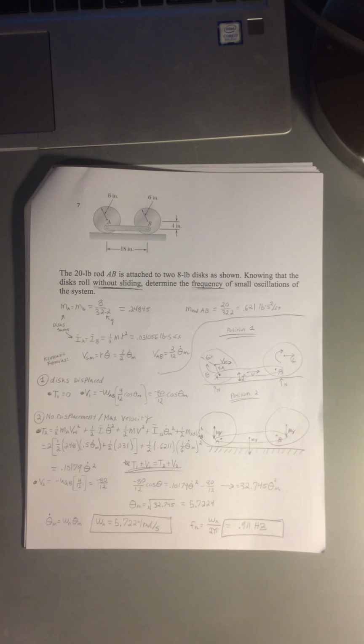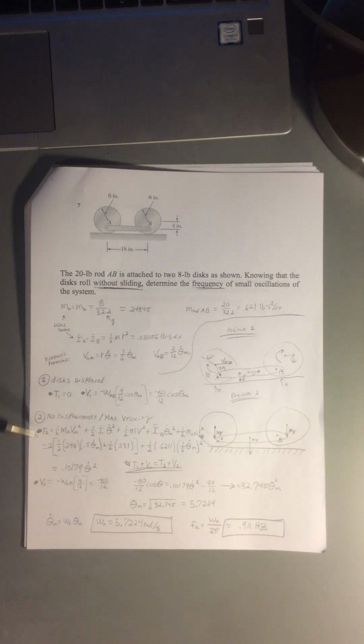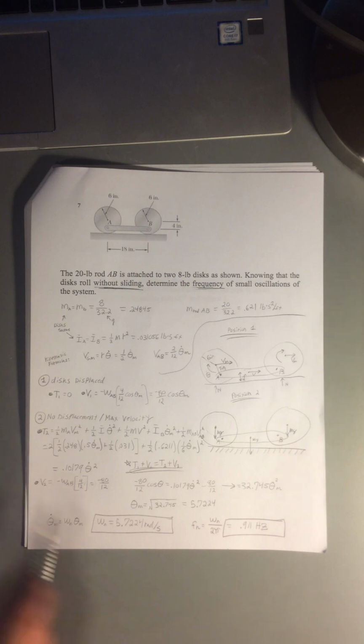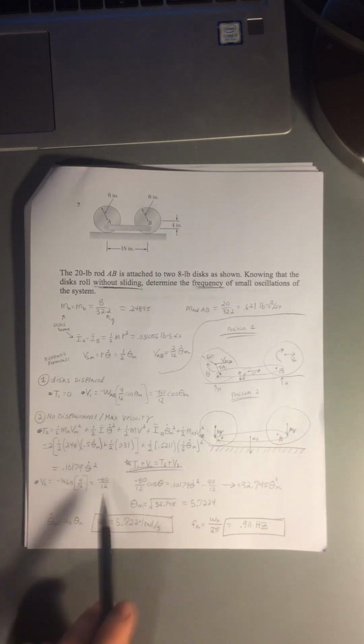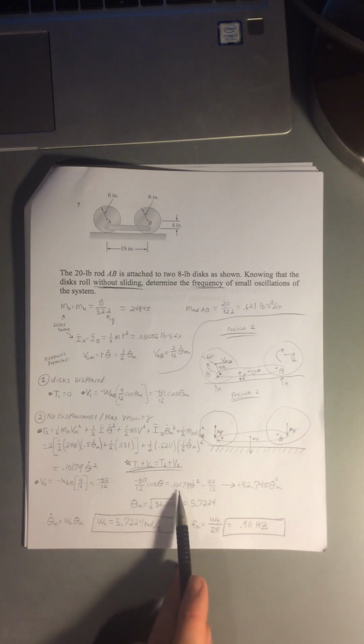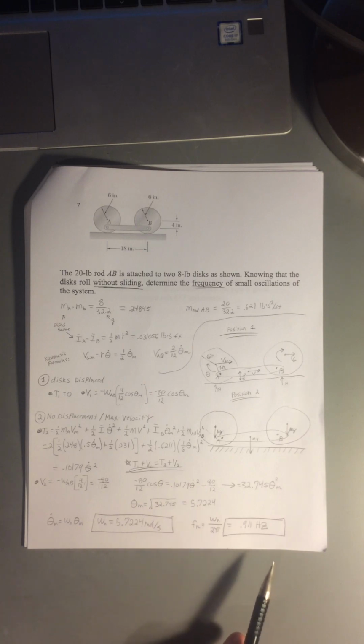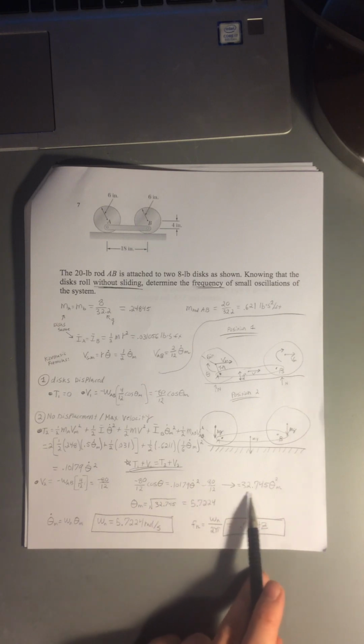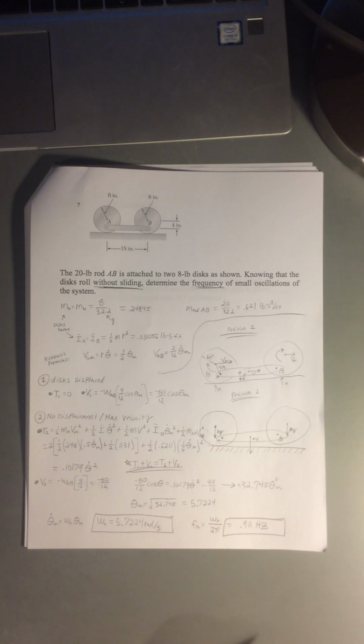After all of that, we can take these 4 terms that have the dots on them, the potential and kinetic energy terms for these 2 different positions, and set them equal to each other, just like this equation shows. Doing that after we've simplified all these terms gives us this as position 1 and this as position 2. From there we can solve for theta, which gives us this right here for theta squared.